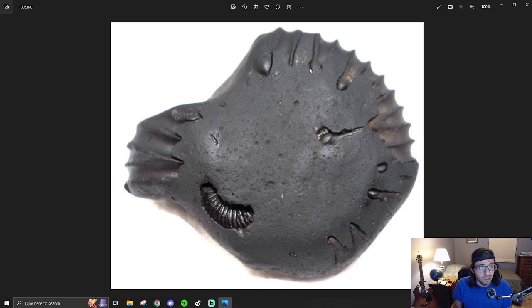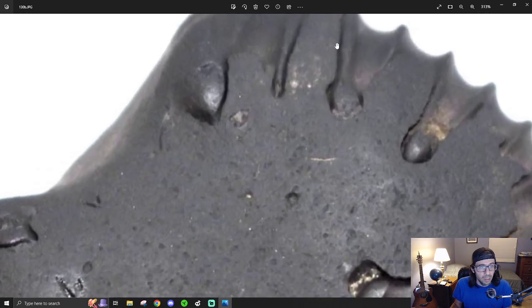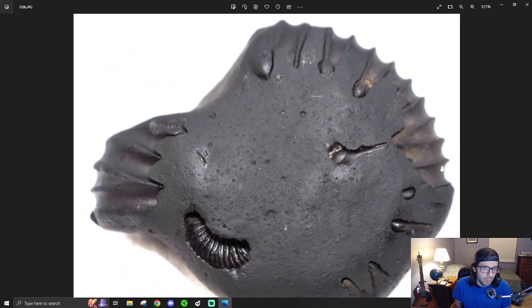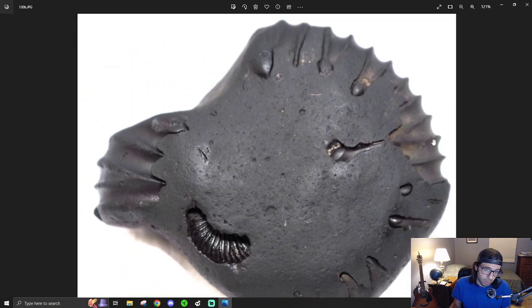I noticed also the way it does this. It's removing the material. Sometimes it's just gone like this.